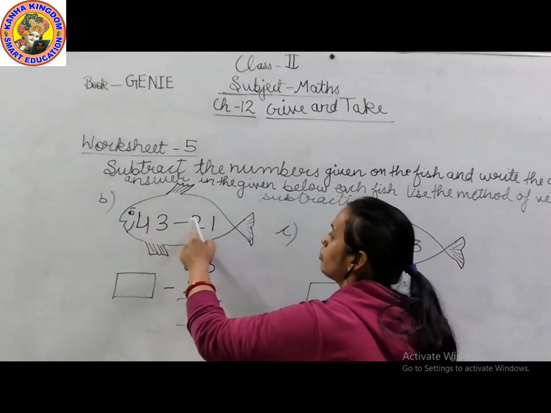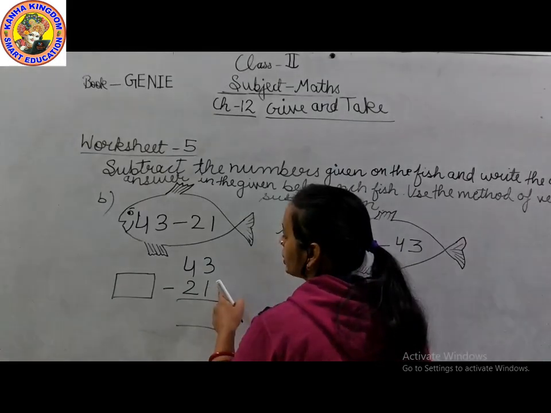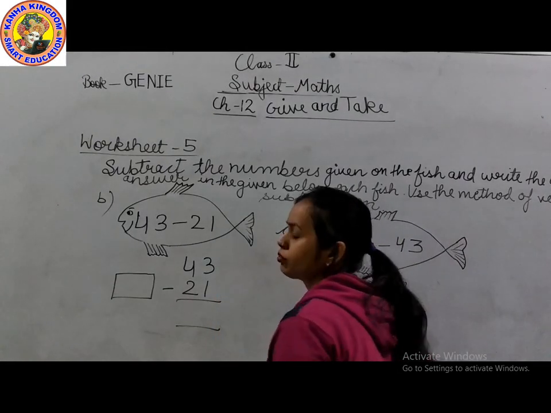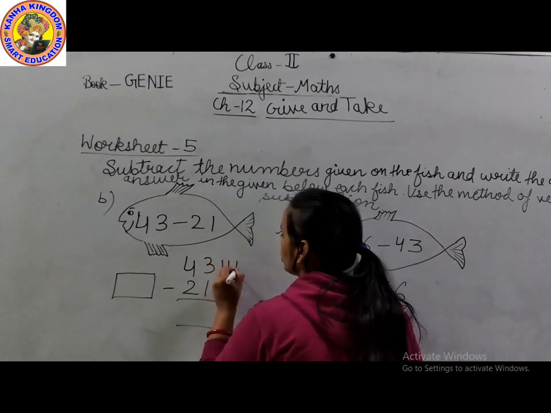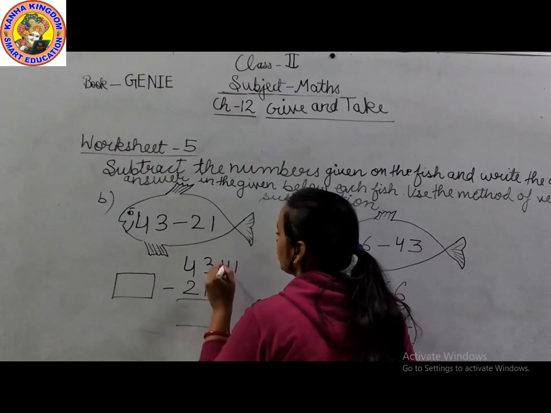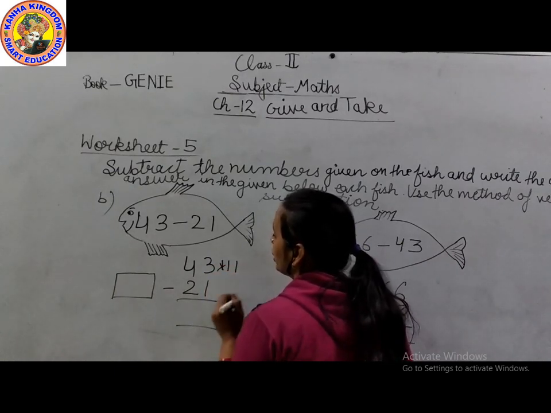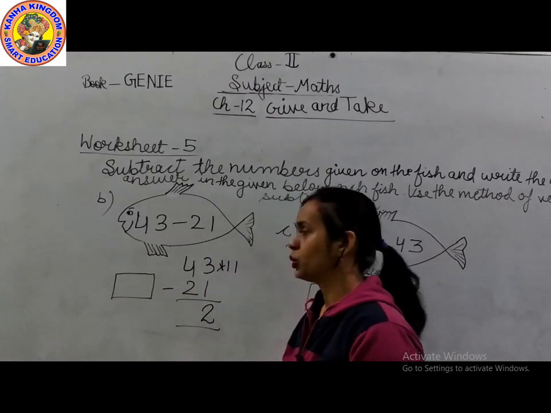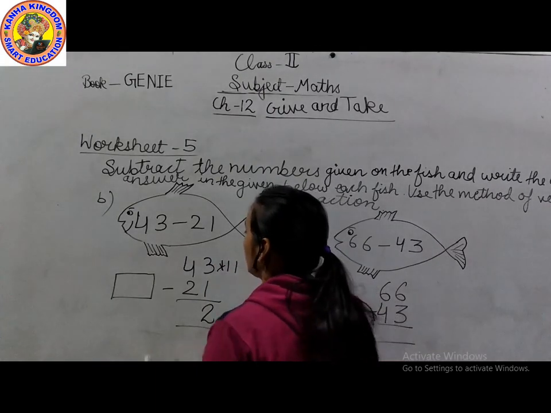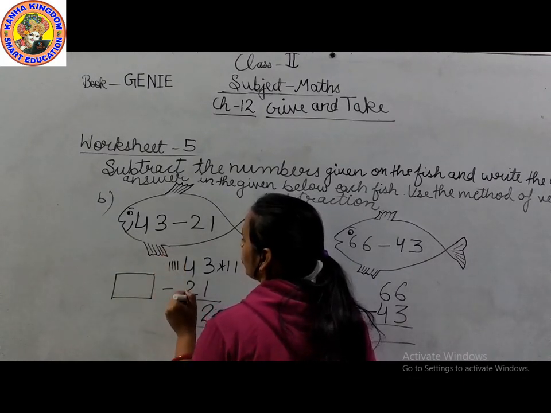So, 43 minus 21. So, we subtract 21 from 43. So, 1, 2, 3. 3 minus 1. So, take away 1. How many left? 1, 2. So, 3 minus 1 equals 2. Now, next 1, 2, 3, 4.